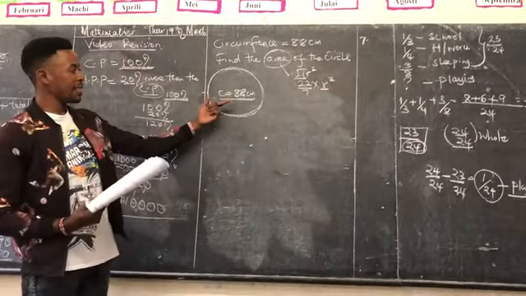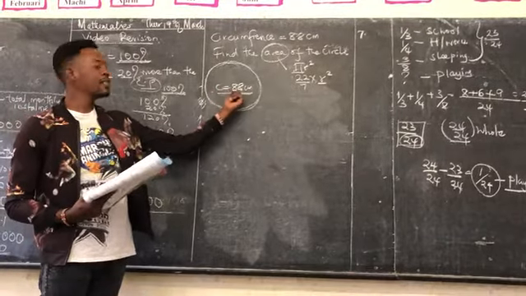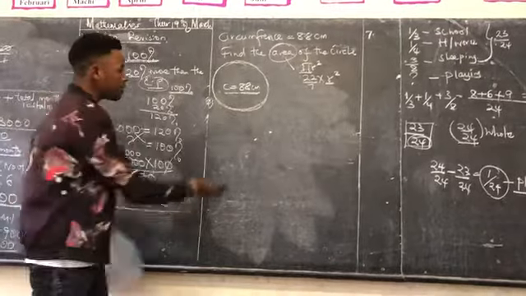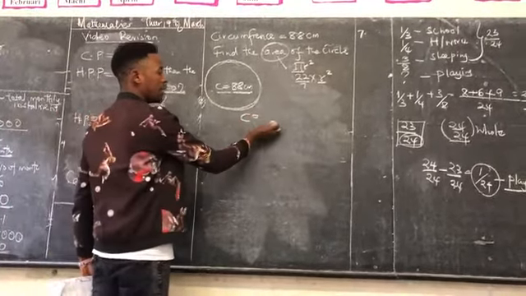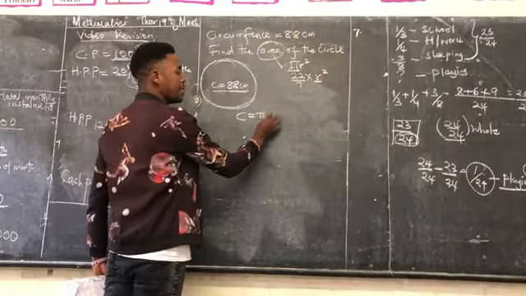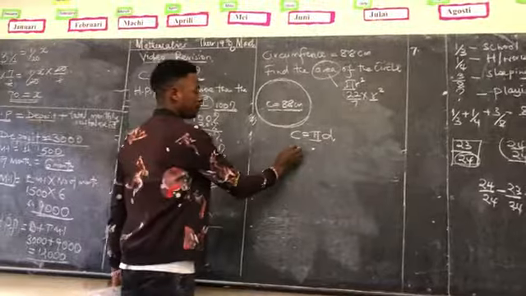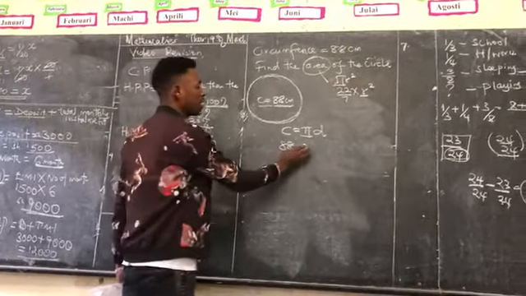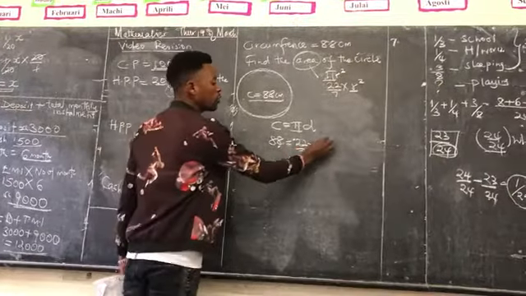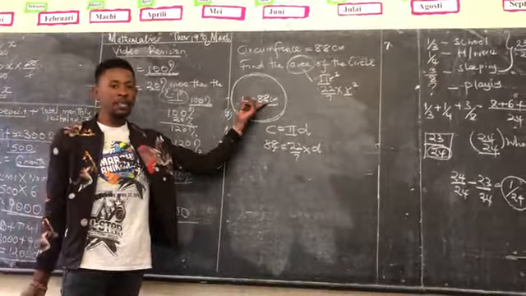But before we find the radius, we must ask ourselves, how did they get 88 centimeters as the circumference of that circle? The circumference of the circle, they use this formula, is equal to pi d, or pi times diameter. So 88, which is the circumference, is equal to 22 over 7 times the diameter, which we don't know. We've only been given the circumference.